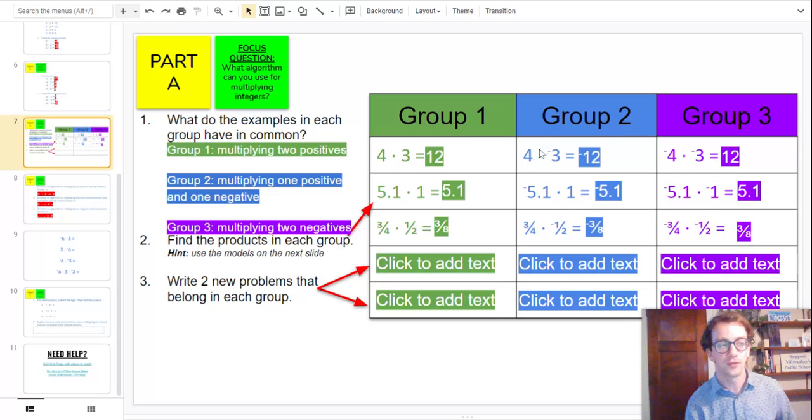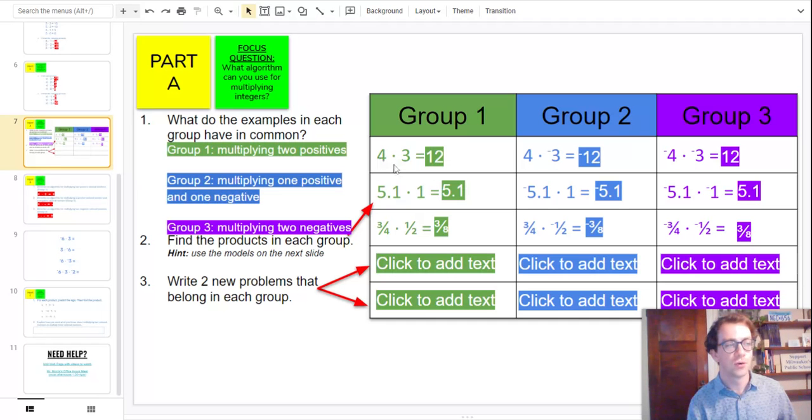Group 2 is different because we have one positive number and one negative number, or in other words, just one negative and one positive. Group 3, though, is when we have negative times a negative, two negatives multiplied together. We're going to be solving these equations so we can find patterns in what happens to the products if it's in a group 1 equation, a group 2 equation, or a group 3. All right, let's take a look.